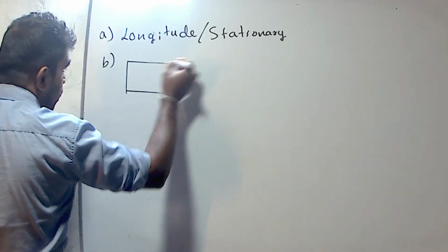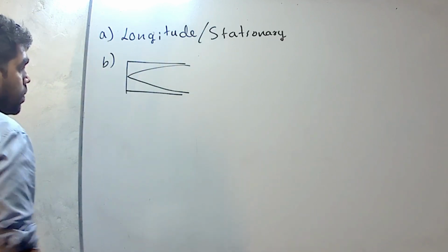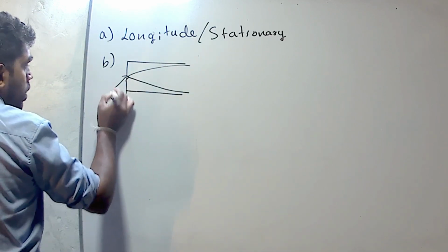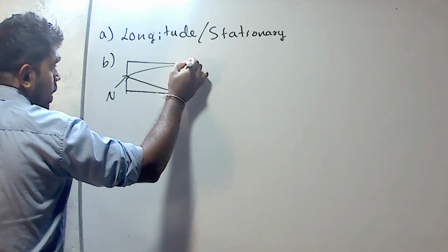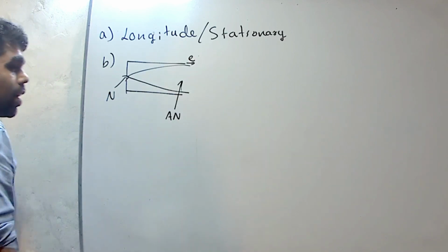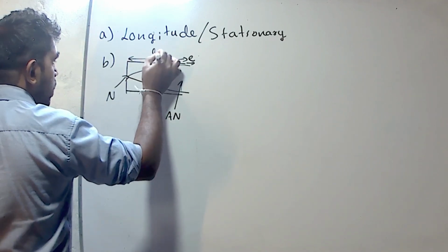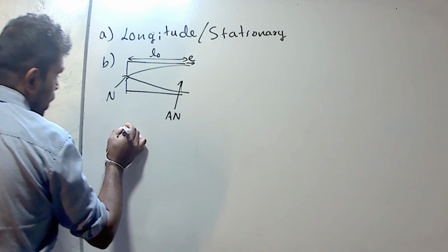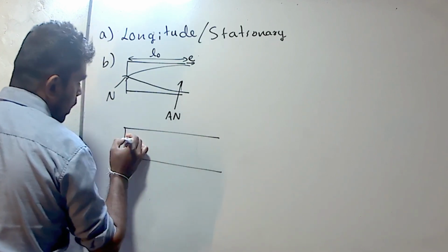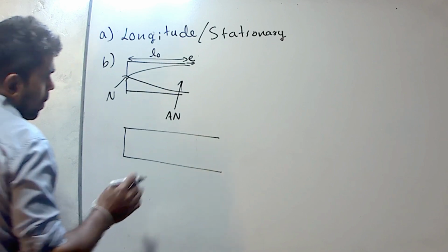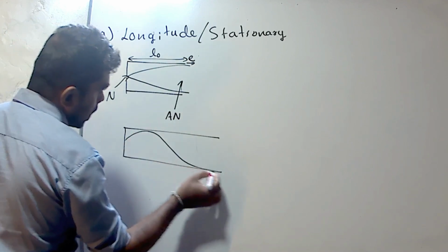For the fundamental frequency, we can observe a wave pattern like this. This one is the node, this space is the antinode, and this is the end correction. This is the length L0. For the first overtone, we can get a wave pattern like this.